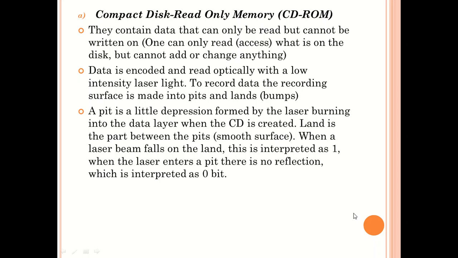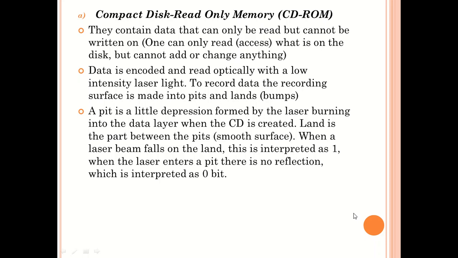The land is the part between the pits, the smooth surface. Remember we're talking about the tracks; we have tracks on this particular device. On this track, during the process of storage of data, the pits are created. So the pits are where the data has been stored.